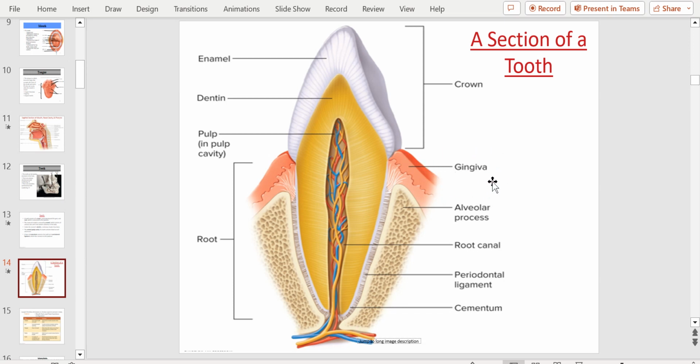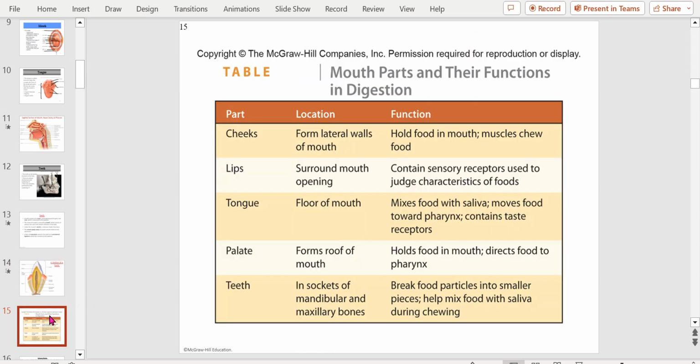There is a disease associated with the gums starting to recede. It's called gingivitis. So it's very important to brush and clean your teeth, but it's also very important to brush and clean your gums as well. There's your root canal, periodontal ligament that holds the tooth to the bone, and then there's your cementum right in there.